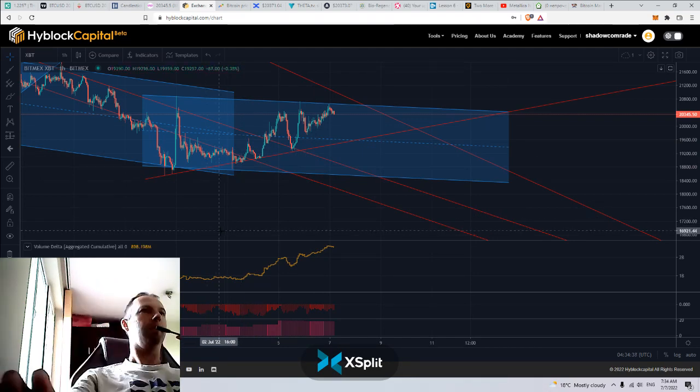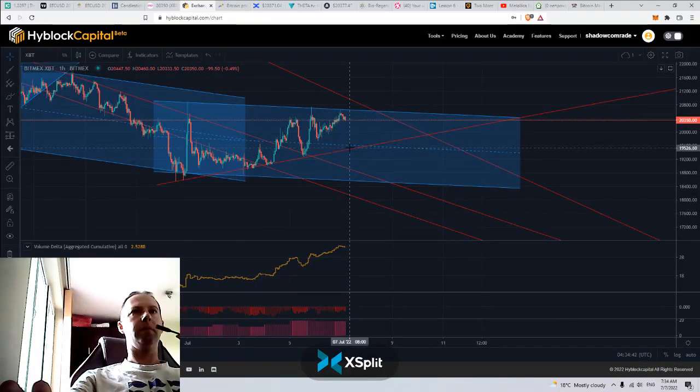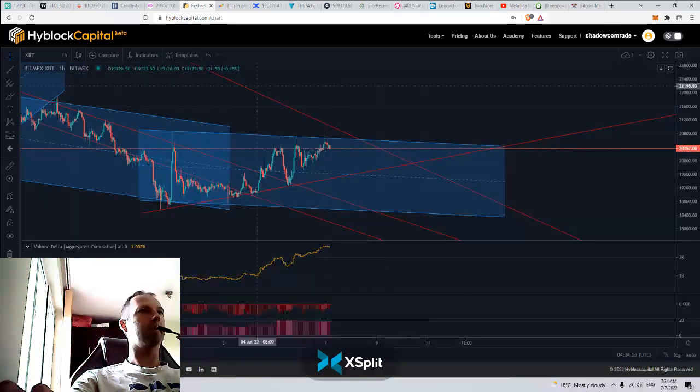Let's see what happens. So the downside target is 19.5. If we break to the upside, we have to break this trend line at 20.8 or 9.